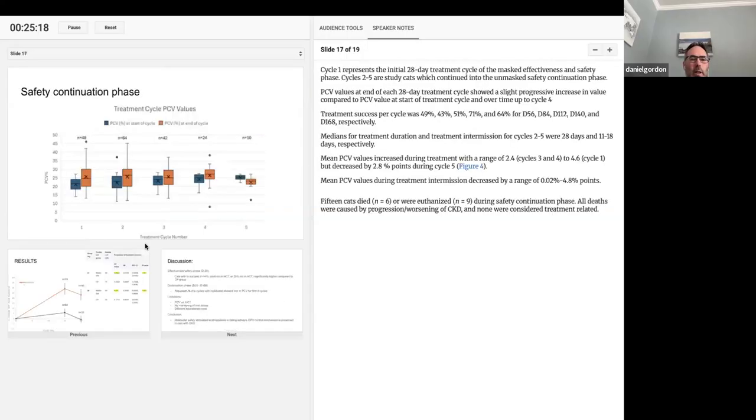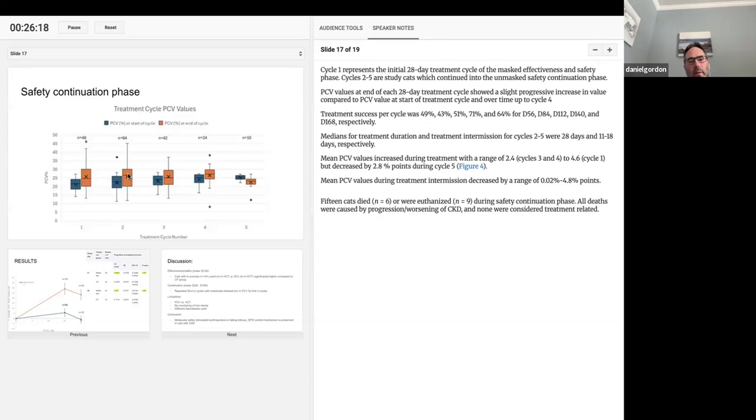And when we look at some of the safety and continuation phase data, you can see this is the first cycle, which showed an increase in their PCV really across the board, upwards to that fourth cycle here. That fifth cycle is interesting, as they actually had a drop compared to the remaining cycles.